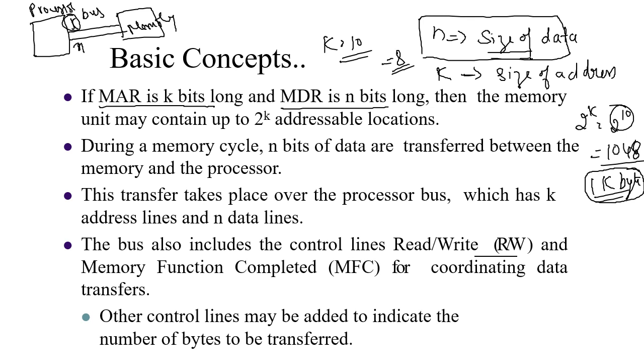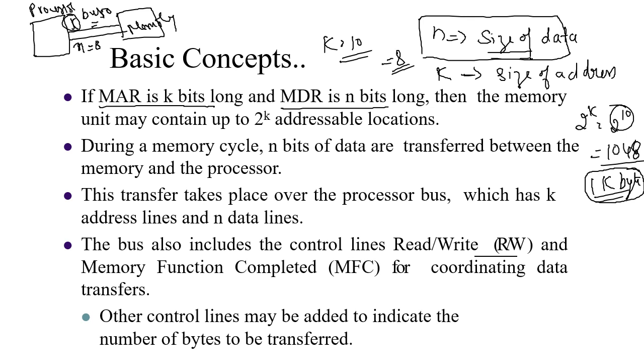That means if you want to interface 1 kilobyte of memory, then the size of k is 10, and if you want to transfer 1 byte of information, then n will be 8, and this is usually fixed. The size of the address bus and the data bus are fixed in case of any processor.